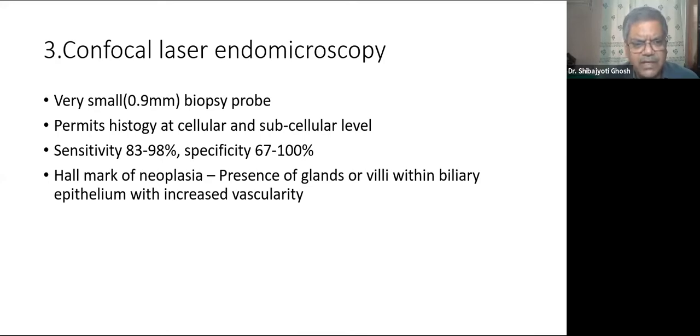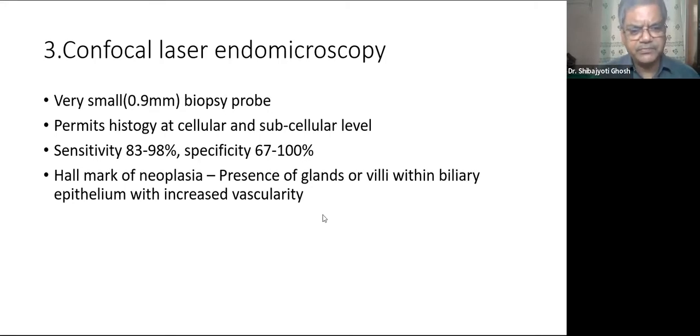So laser endomicroscopy means you are introducing an endoscope within the luminal structures and you get enlarged pictures, so much enlarged that you reach the cellular and subcellular level, and by using some contrast or dye, we can in fact see the cells through the endoscope, and from there we can have the diagnosis.